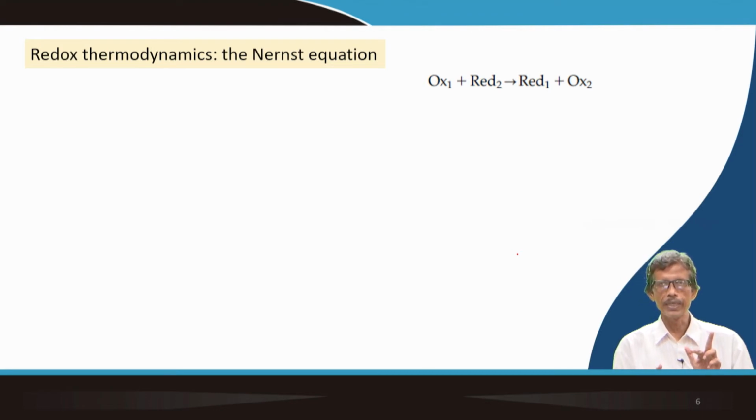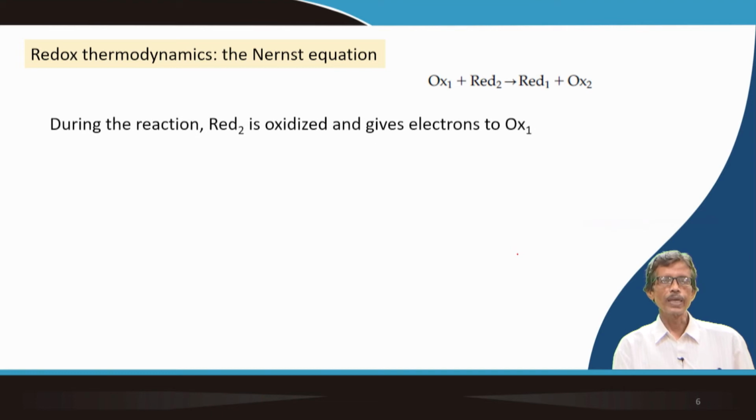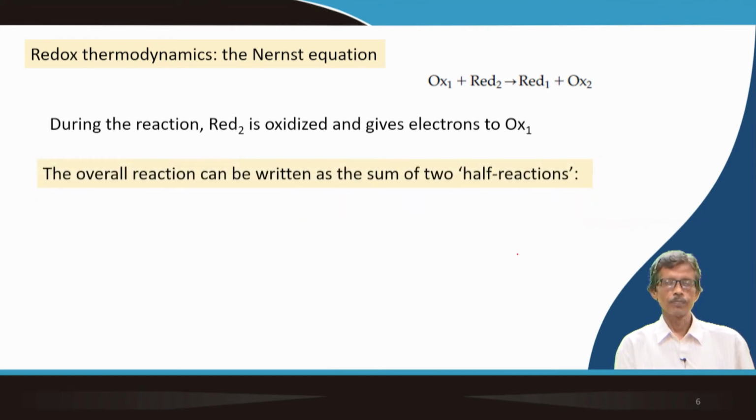So, if you have A oxidized and A reduced and B oxidized and B reduced forms, they can give you this reaction. During this reaction the reduced form 2 is oxidized and gives electrons to the oxidized species 1. So, red 2 and ox 1 will react in the electron transfer reaction.